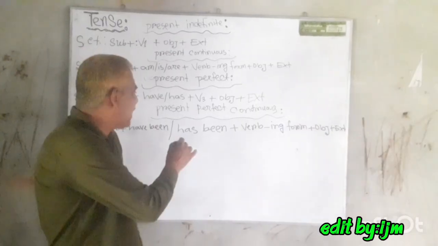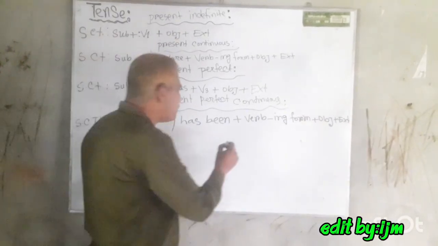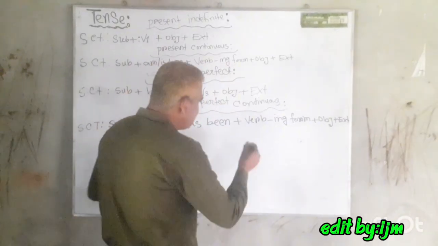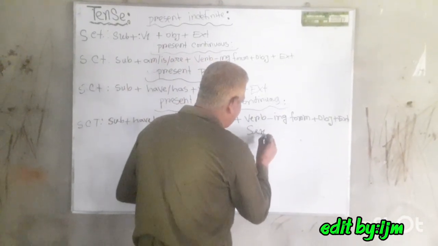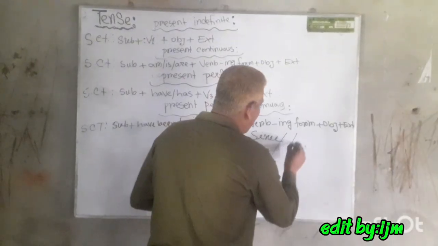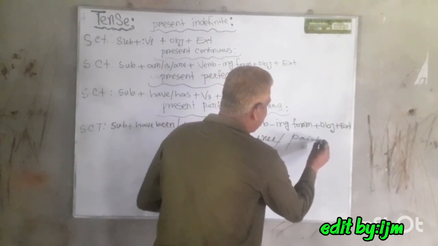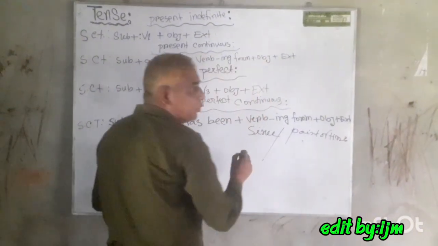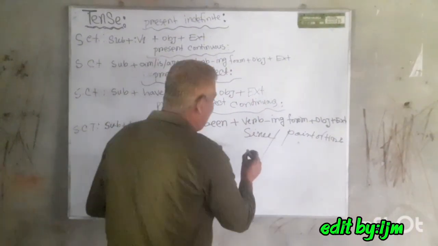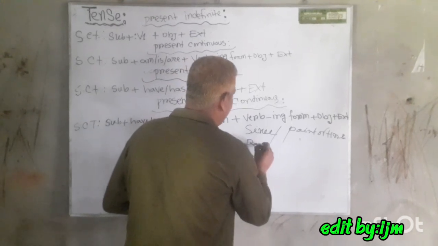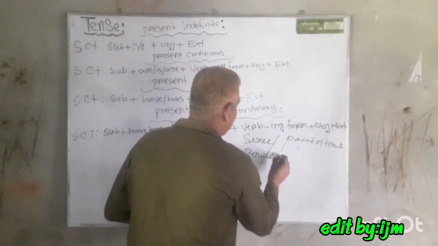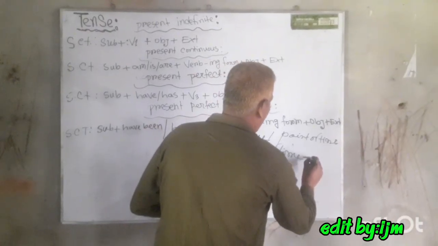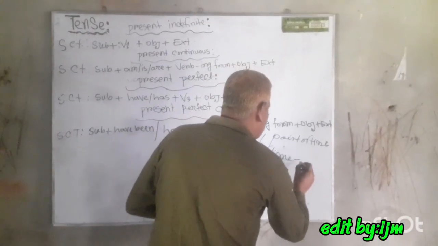When we use point of time in the sentence, we use since, S-I-N-C-E. This is point of time. And when we use present perfect continuous with period of time, we use for.